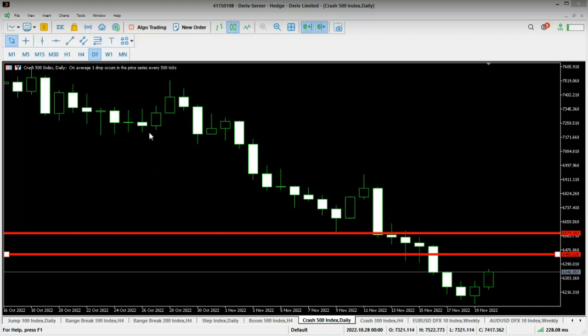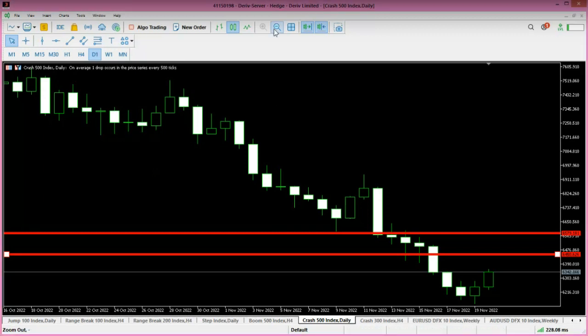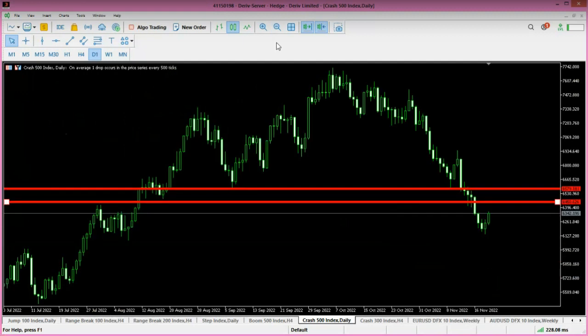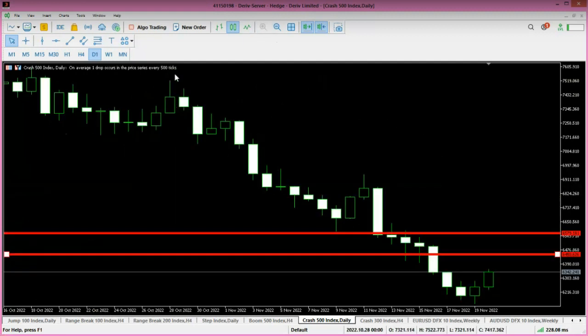I don't know if I'm getting your question, but let's say, for example, let me zoom out and see if we can find one. Let's take this one, for example. I don't know if you can see it on your side. You can see that the upper wick is too long, right?